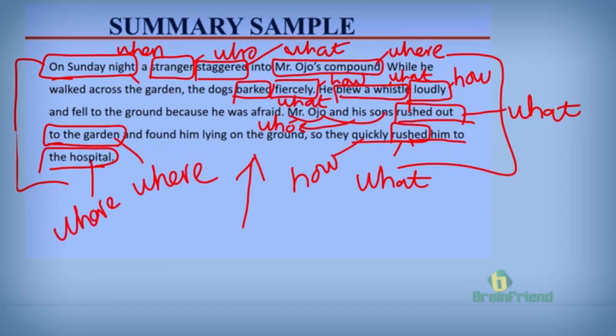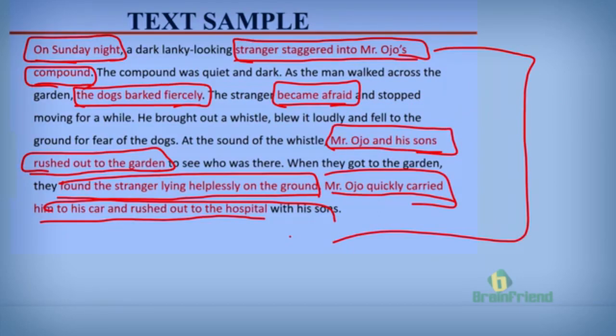So we see that this summary has captured the elements of a good summary, 5 W's and 1 H. So we find that this short summary here has captured everything we said in this story. All we did was to leave out the minor details like describing the stranger, a dark, lanky-looking stranger.